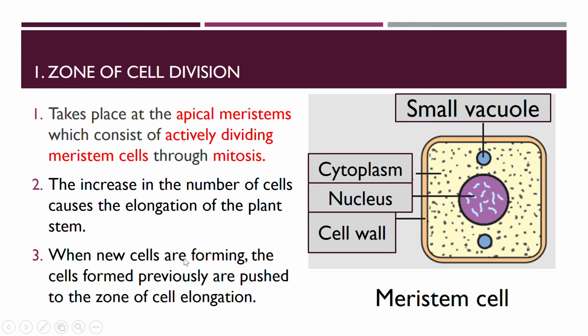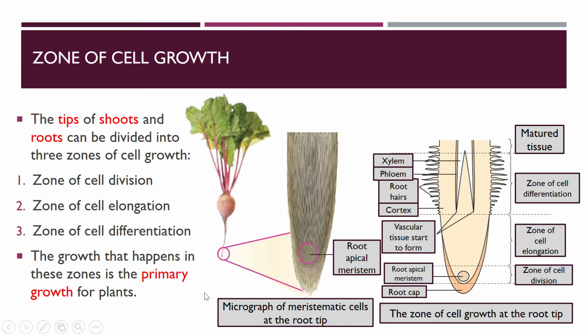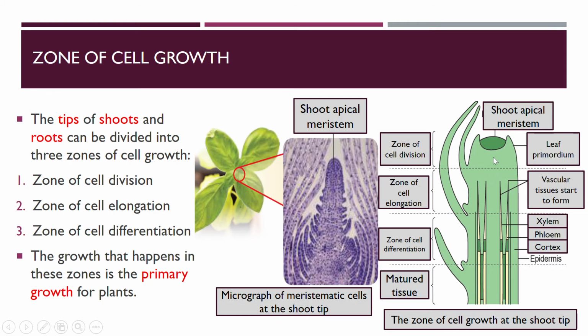So when new cells are forming, the cells formed previously are pushed to the zone of elongation. Apa maksudnya tu? Maksudnya kalau dia sudah membahagi, sudah banyak, increase the number of cells, tidak cukup tempat, jadi dia akan push ke bawah lah. Jadi ini yang menyebabkan tumbuhan tu memanjang sebab bilangan sel bertambah.